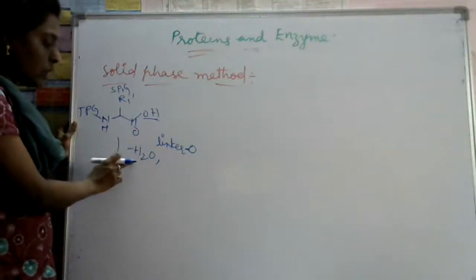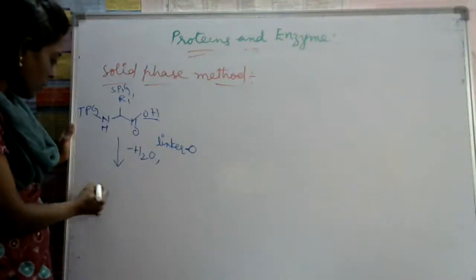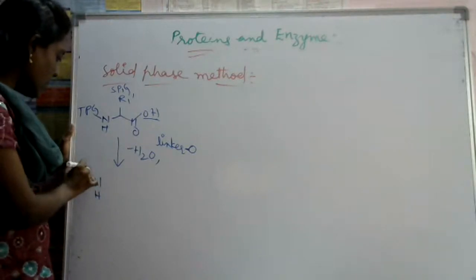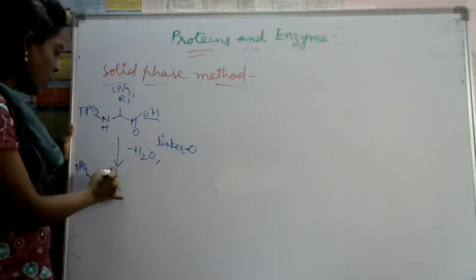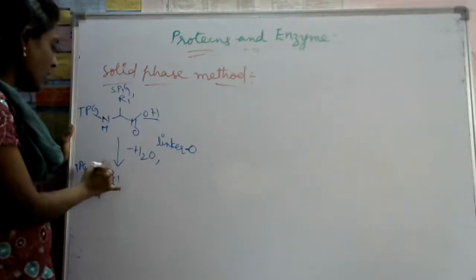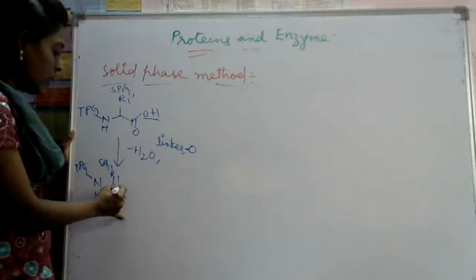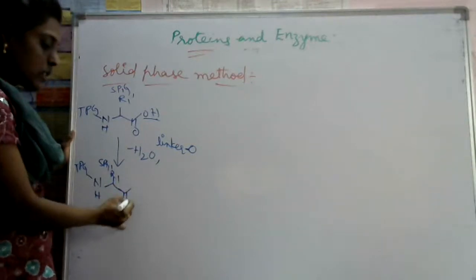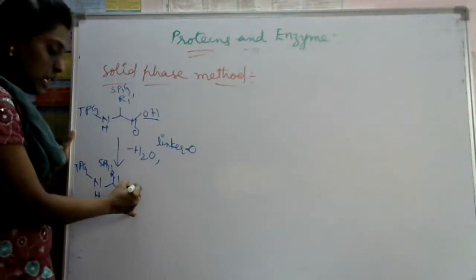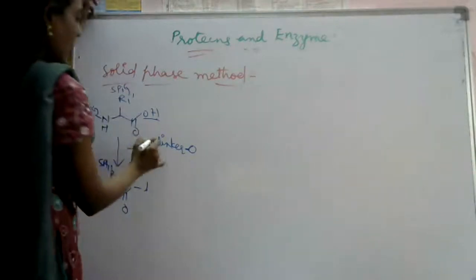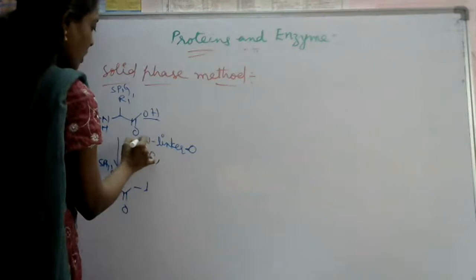Thereby it removes a water molecule. So what we will get: NH is there, TPG is there, next R1 is there, which is attached to SPG, and here a double bond O is there, which is linked to the linker NH. We have to write NH2 here.